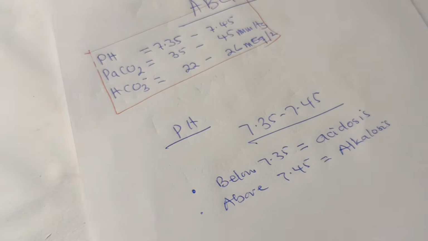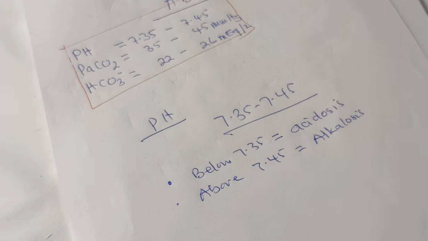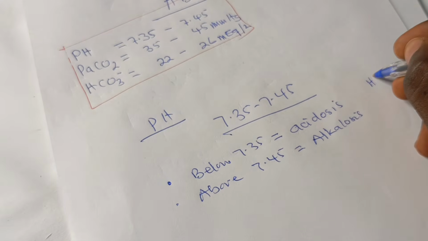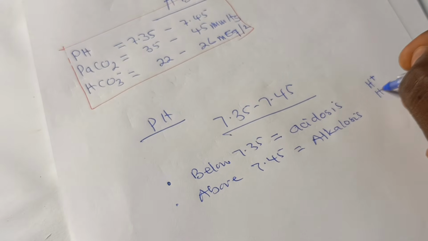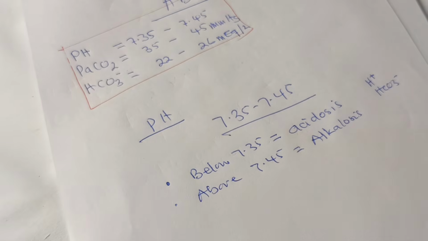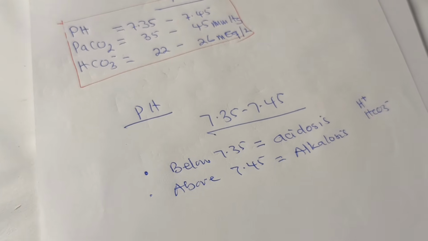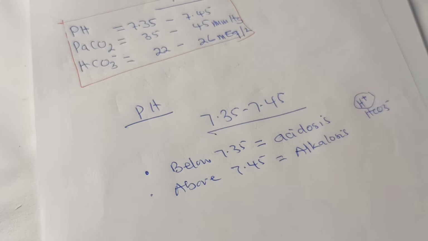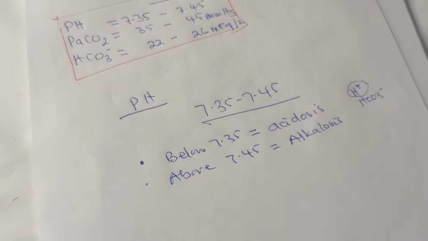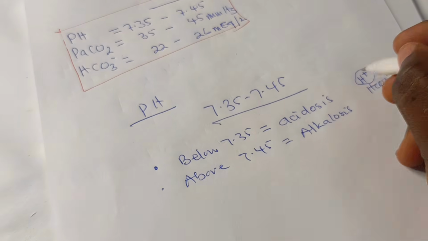Now, in the beginning of the lecture, I told you that we are racing between H ion and HCO₃ ion. All right. Now, when a person has so much acid in the body, which is the H ion, the disorder is called acidosis.